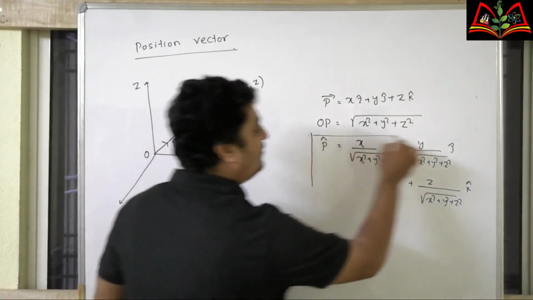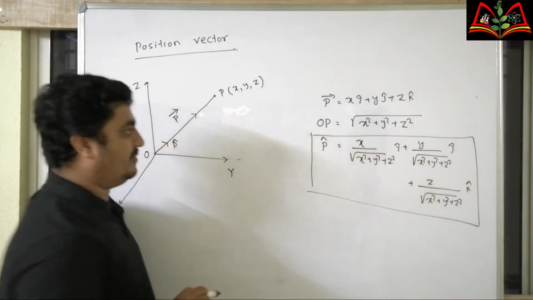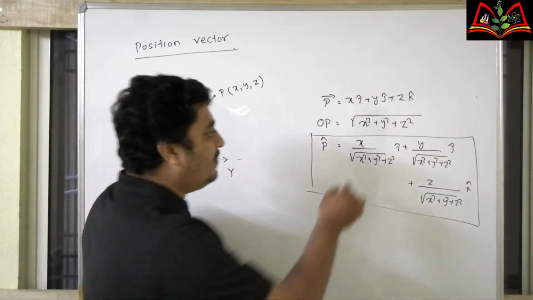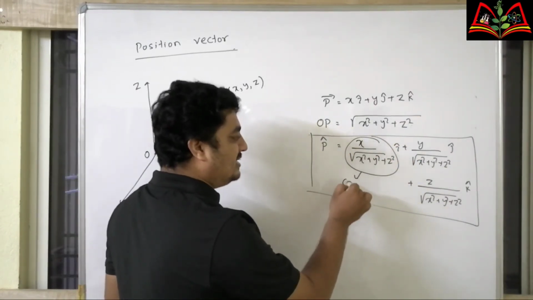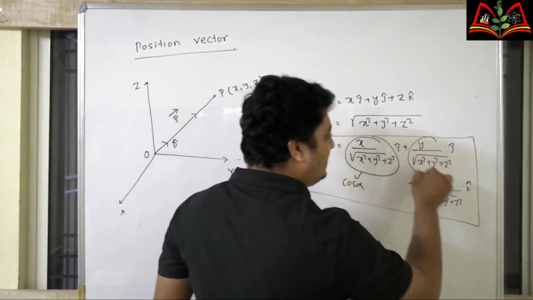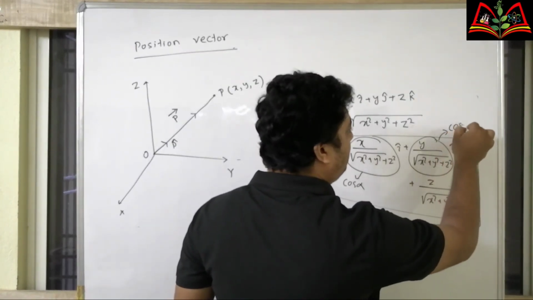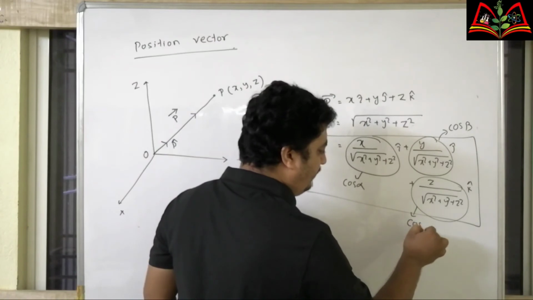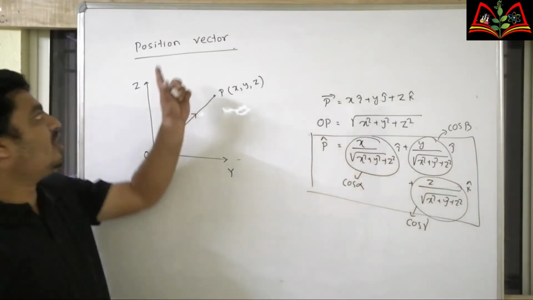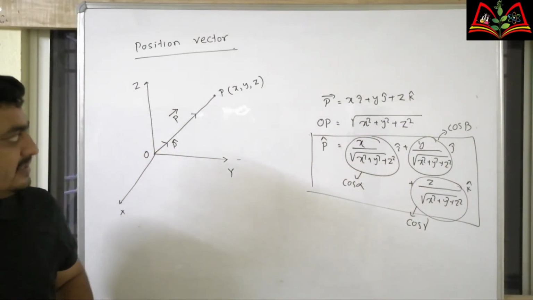This is the unit vector along the position vector. So, this term x by root over of x square plus y square plus z square is cos alpha, this is cos beta and this is cos gamma. This is all about position vectors.